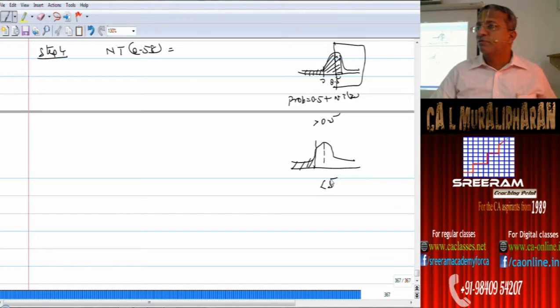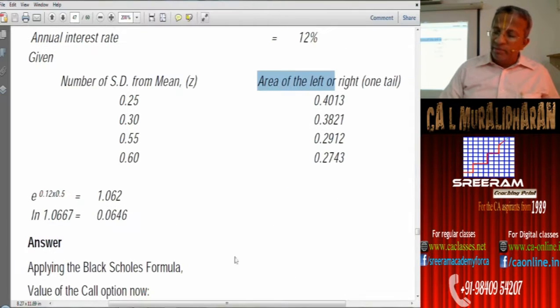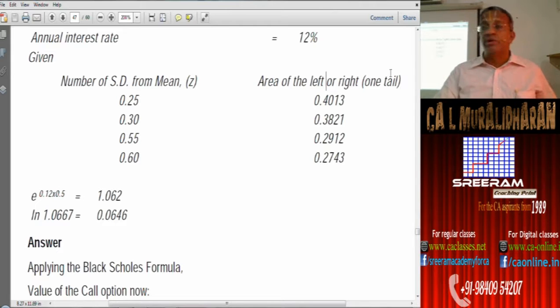Are you understanding, all of you? Whether it is left tail or right tail, they have not mentioned it, but they said area of left or right, so it is one tail that they give. So these numbers, whatever you are getting, were all less than 0.5.